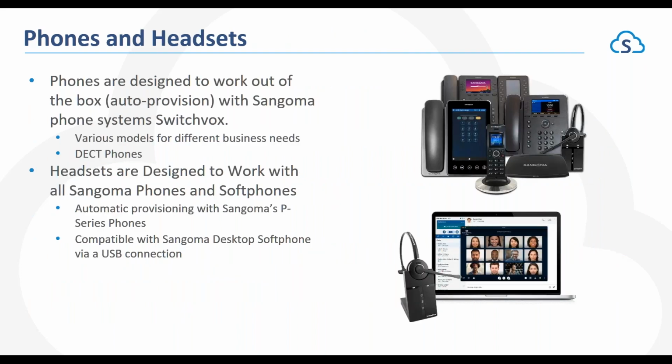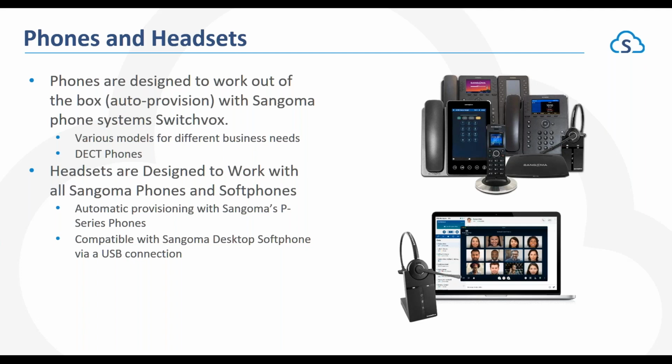Sangoma manufactures our own phones. These phones are purposefully designed for our PBXs. They feature zero touch provisioning, automatic provisioning of the phone with Switchbox. You can simply use zero touch provisioning or DHCP, or you can pre-provision these phones and connect to Switchbox on the fly.